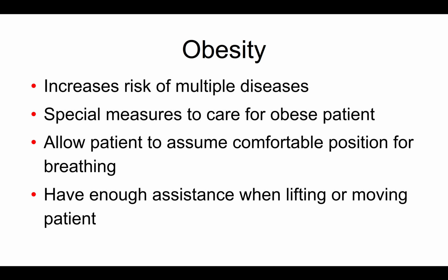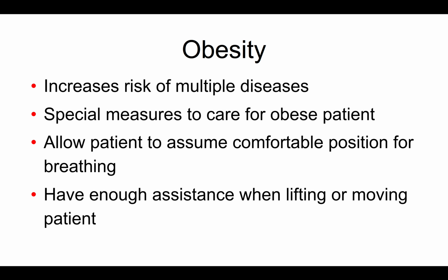Obesity is an ongoing epidemic in the United States. This increases the risk of many things. So diabetes, heart disease, hypertension all have a significant correlation with obesity. So for the significantly, extremely obese patients, we need special equipment, but also some other basic things.